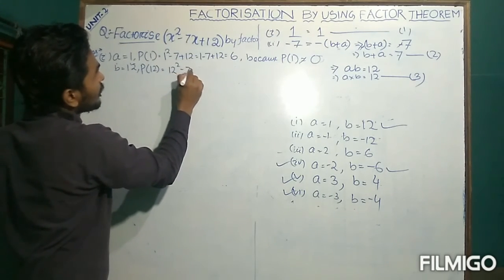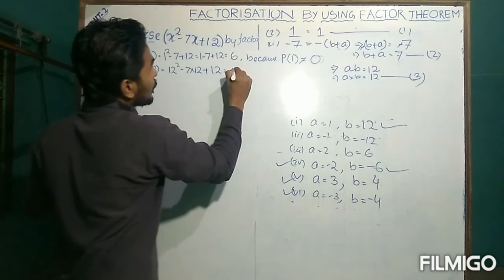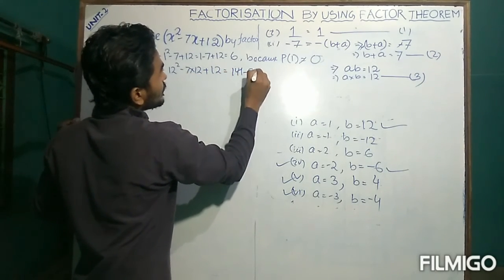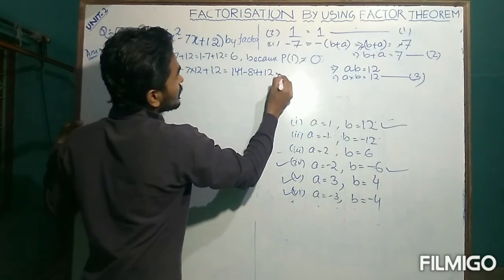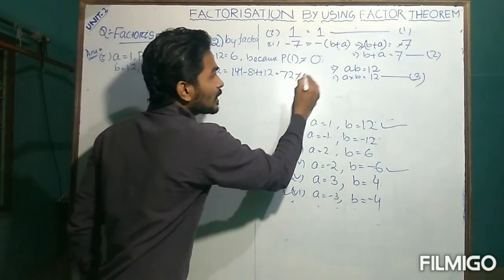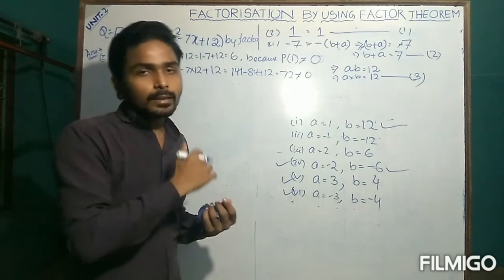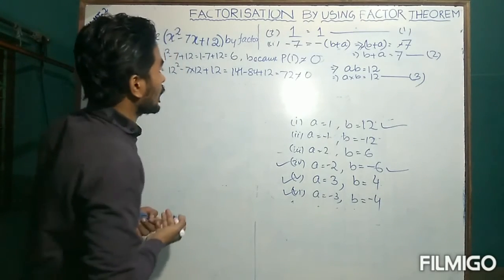So 12 square minus 7 into 12 plus 12. 12 square is 144 minus 84 plus 12 is equal to 72. Since it is also not equal to 0, B is equal to 12 is also not the zero or root of the polynomial.